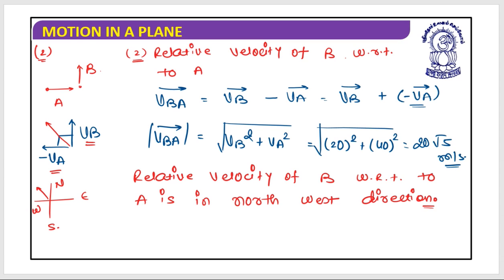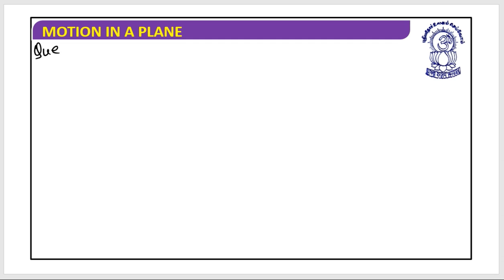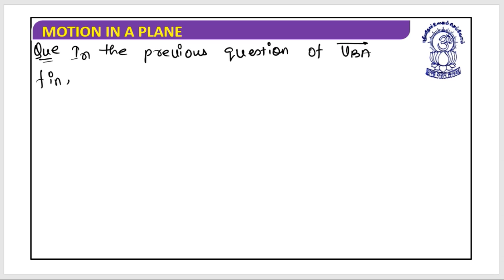No? Okay, so shall I add something to this question? Let's have a look. In the previous question, find the angle of relative velocity, that means VBA, with VB.